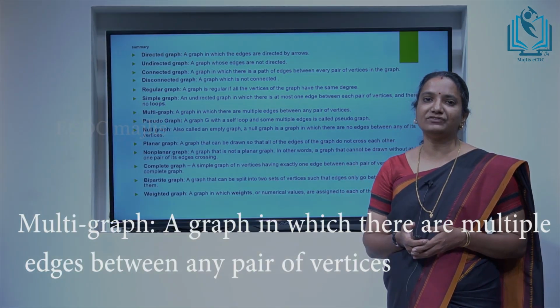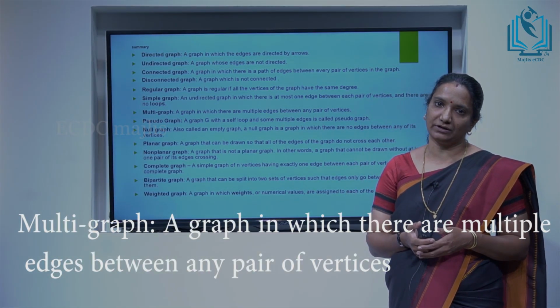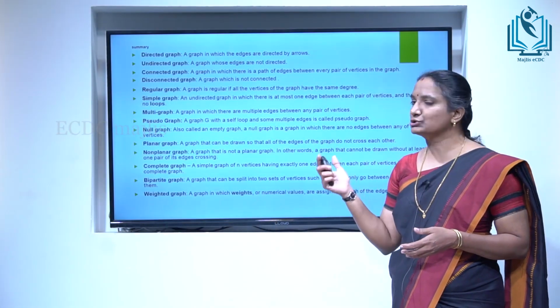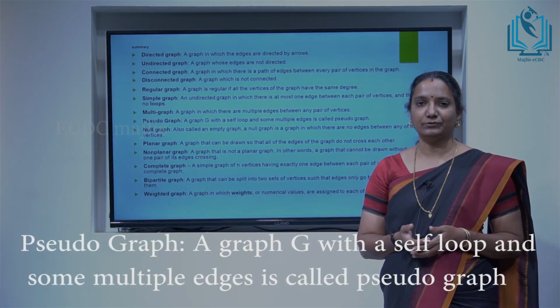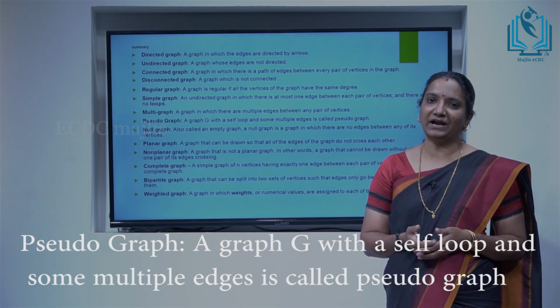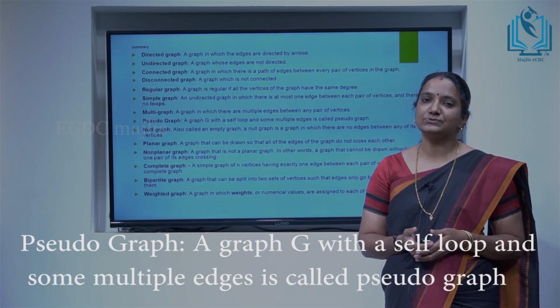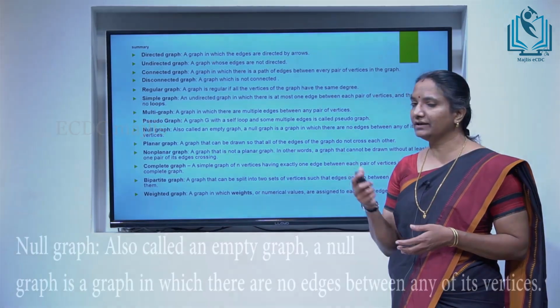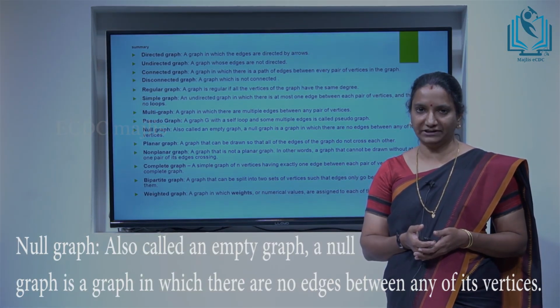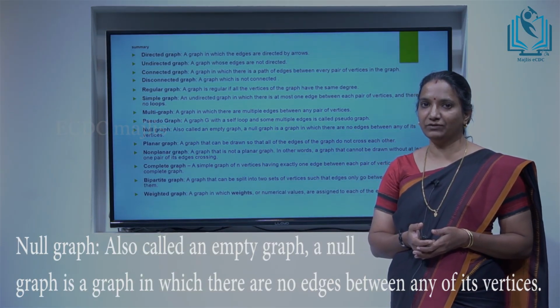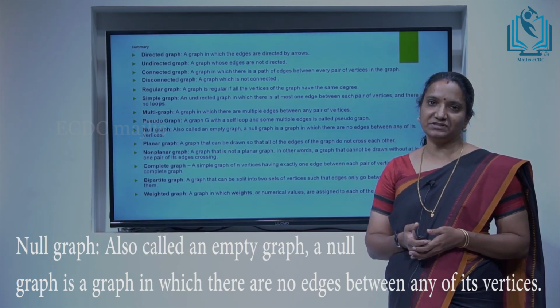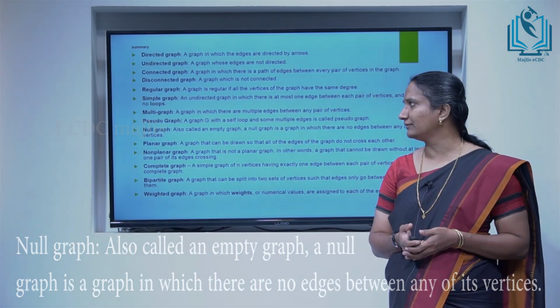Multigraph. A graph which includes parallel edges is called a multigraph. Pseudograph. A graph which contains self loops and multiple edges is called a pseudograph. Null graph, which is also called an empty graph. A graph in which there are no edges between the vertices is called a null graph.